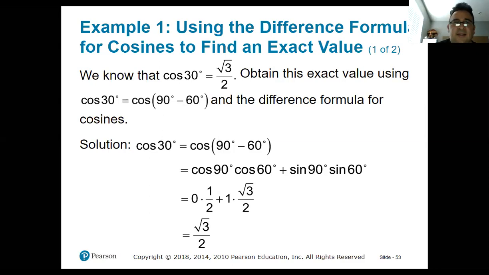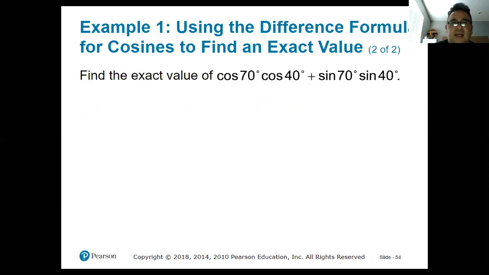All right, we're good. Ready? Example 2. It says find the exact value of cosine of 70 times cosine of 40 plus sine of 70 times sine of 40. Wants to find the exact value. Go ahead and copy it down.